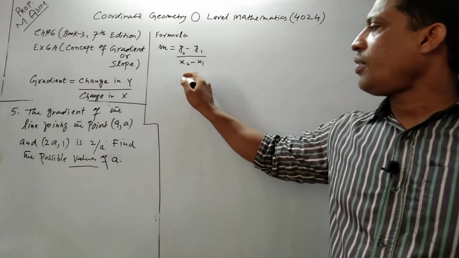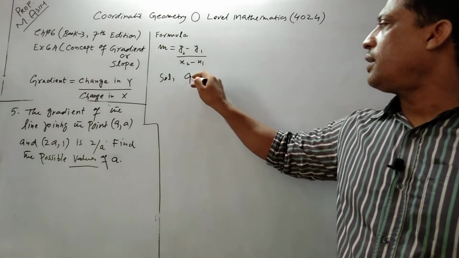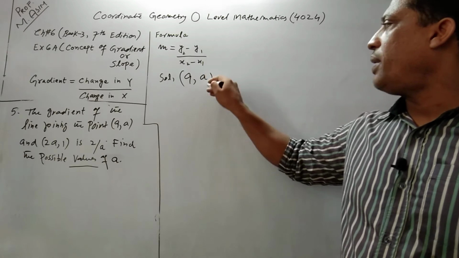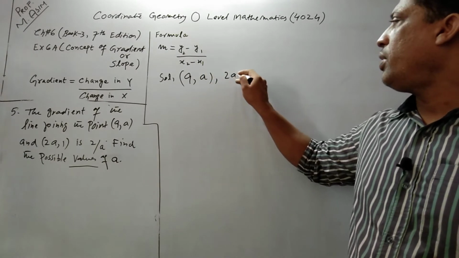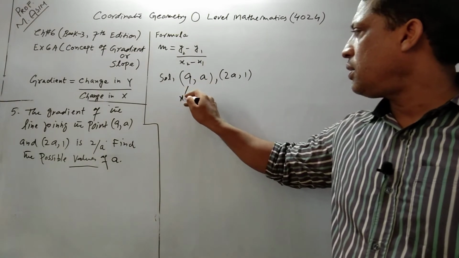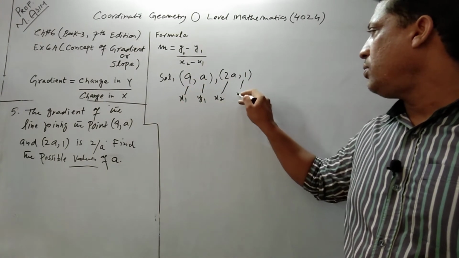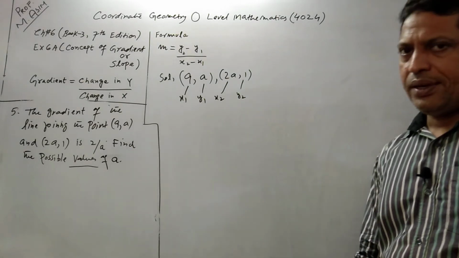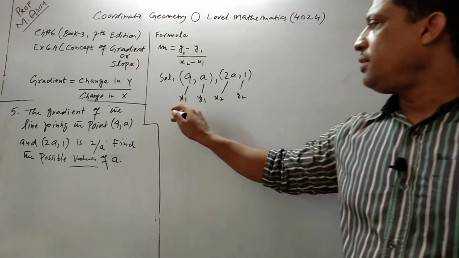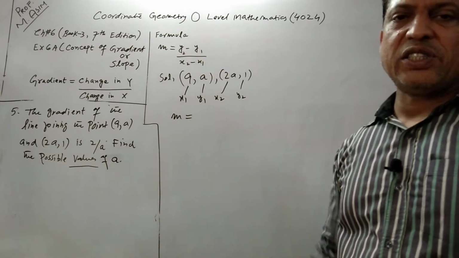Again, solution. Given that points are 9 comma A and 2A comma 1. This is x1, y1, x2, y2. Find the gradient using the formula y2 minus y1.